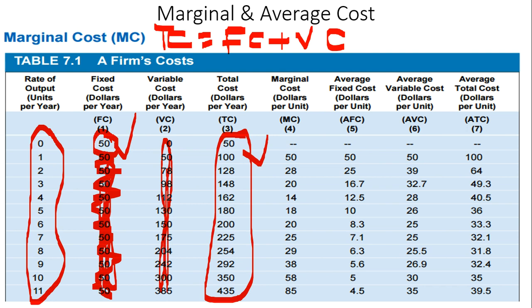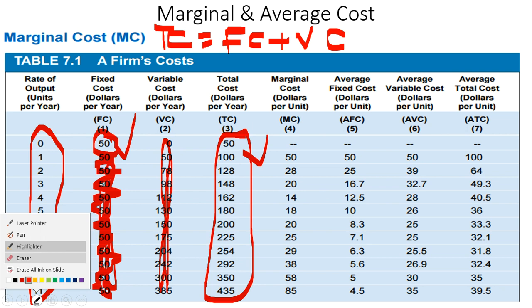So you just drag it, you finish the column, and then with the variable cost, assuming that they have given us the total cost, we know that to get the variable cost, we are just going to be subtracting. So for instance, to get these figures here, okay, I'm just going to erase it. It has become a bit messy.